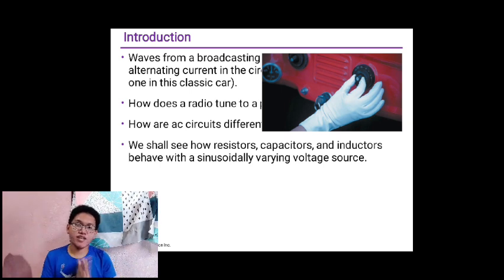By tuning the radio, we select a particular frequency, which raises important questions. How does AC differ from DC? And how do resistors, capacitors, and inductors behave when the voltage varies sinusoidally? These questions will be answered throughout this chapter.